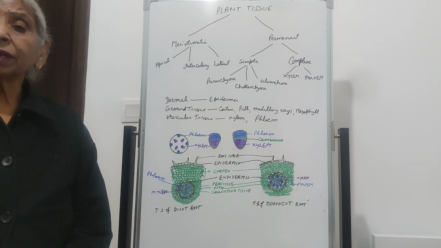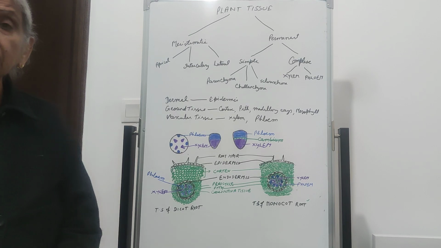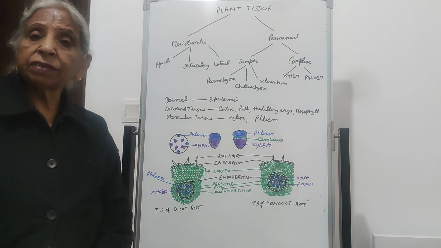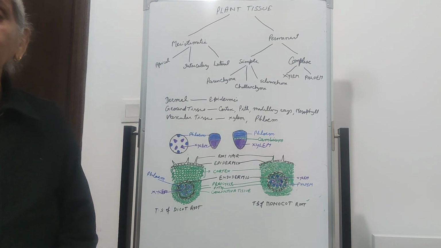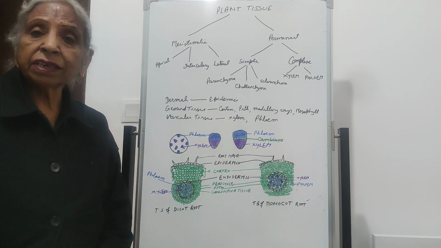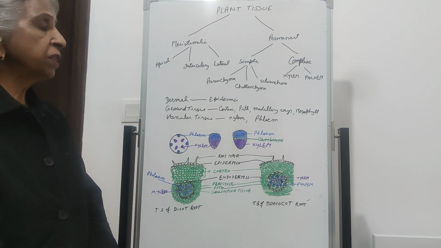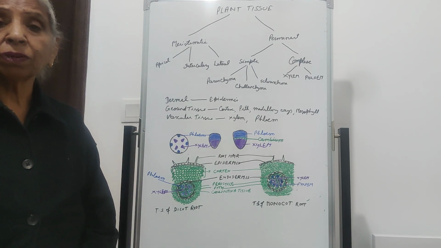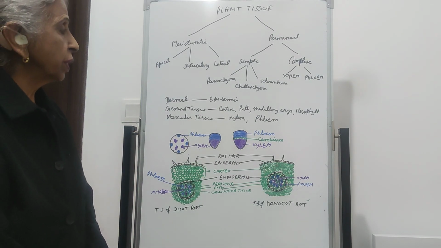However, in green parts of the plant, in the leaves and the green stems, these parenchyma cells have chloroplast in them, contain the chlorophyll, and they synthesize the food. Such parenchyma is called the chlorenchyma. So parenchyma containing the chloroplast is called chlorenchyma.